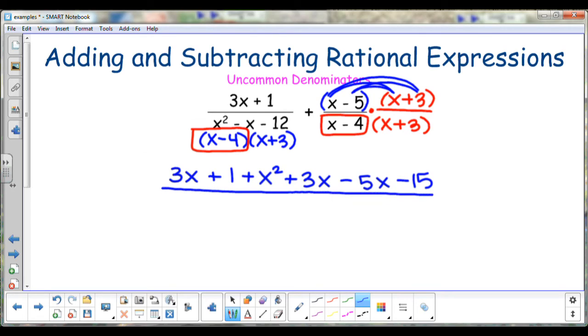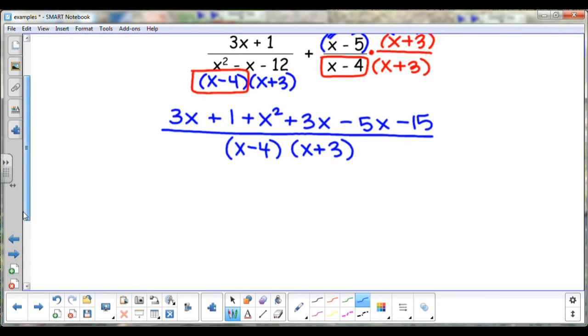Now in my denominator, I have the factored expression x subtract 4 and x plus 3. So there is only one of each factor because now they both have the same denominator. So in my numerator, I'm going to combine my like terms and put this in standard form. So I'm going to start with my x squared term.